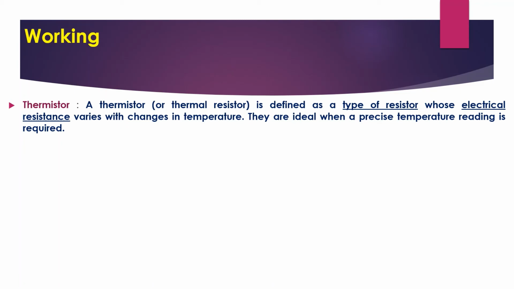As I told you, thermistors are metal oxides. They have a high NTC of R, that means negative temperature coefficient of R. When the temperature increases, resistance decreases, and that phenomenon is used to measure temperature or to convert temperature into an electrical quantity. This is the symbolic representation of the thermistor.